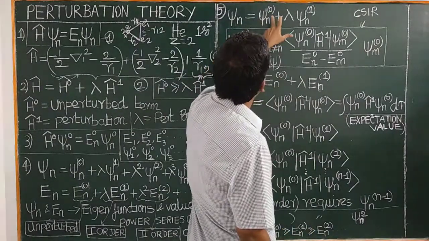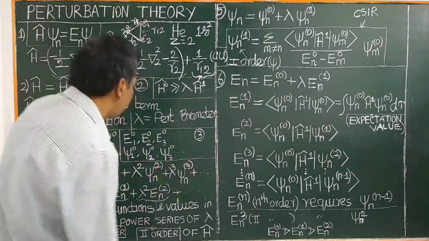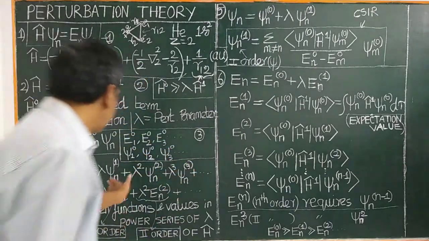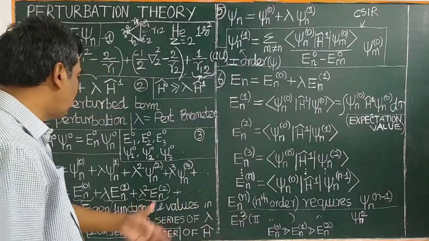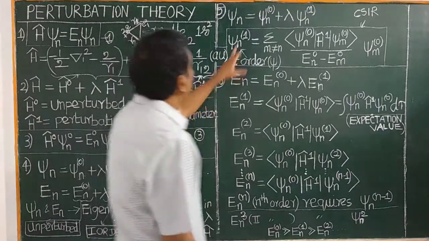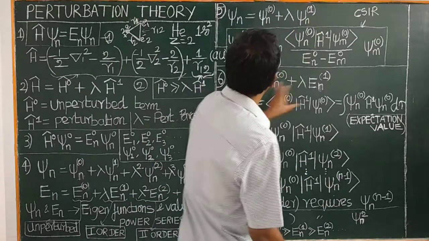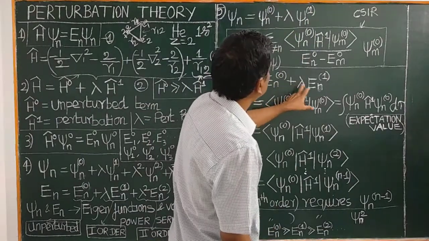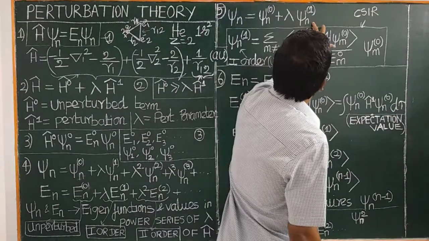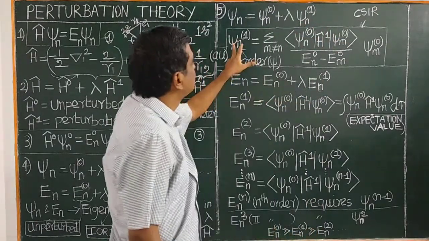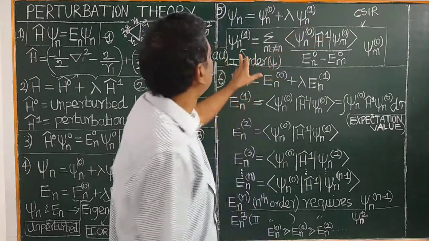Psi n equals psi n naught plus lambda psi n 1, and En equals En naught plus lambda En 1. Let us not bother about the higher order terms; they are neglected because they are becoming very, very small.